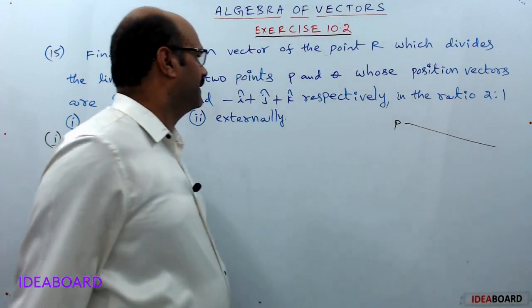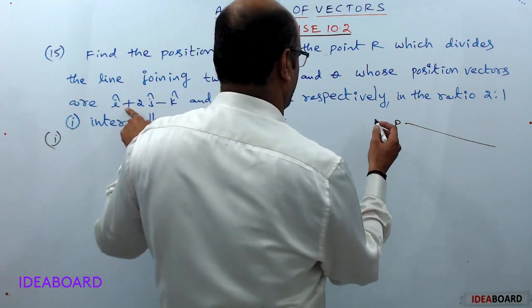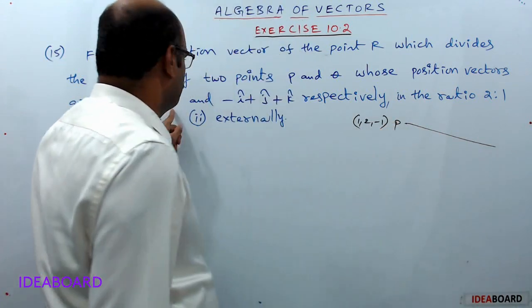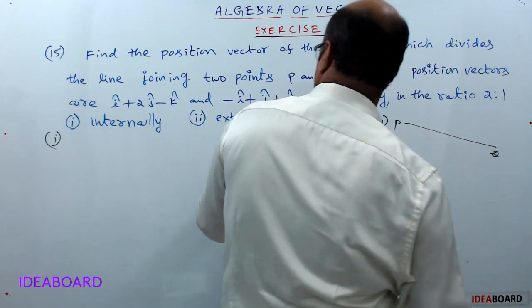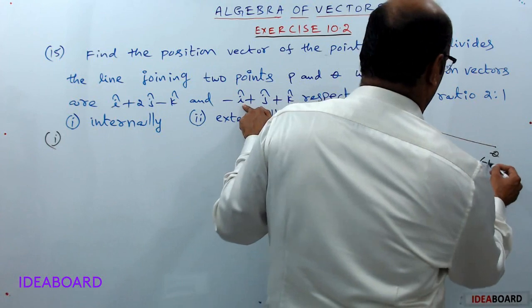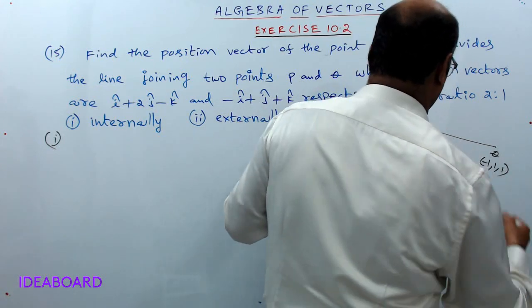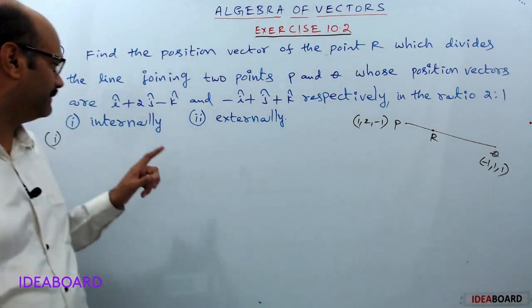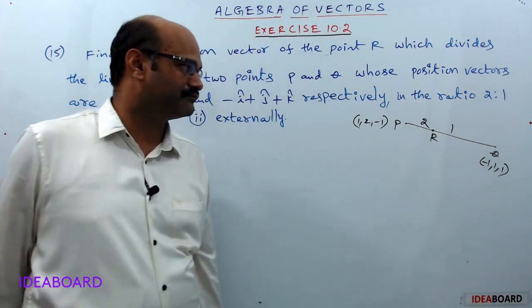Point P is given by 1, 2, minus 1 and point Q is given by minus 1, 1, 1. Here the point R divides internally in the ratio 2:1.